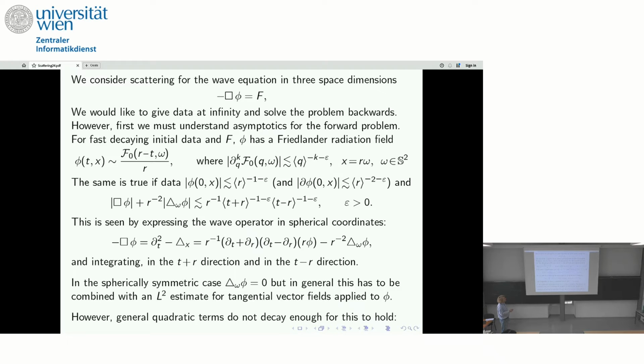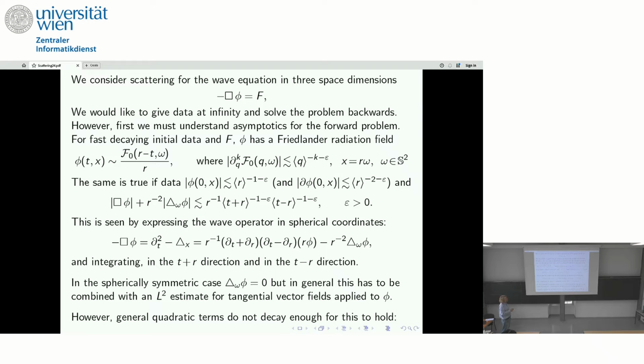For solutions of the linear wave equation, when you have 0 on the right-hand side, there's something called the Friedlander radiation field, which says that the solution looks like this. We all know that the waves decay when they spread out, so it decays like 1 over r or 1 over t. But moreover, by some sort of Heisenberg principle, it becomes like a plane wave far out, so it looks like a function of r minus t, essentially, and much slower dependence on the angles.